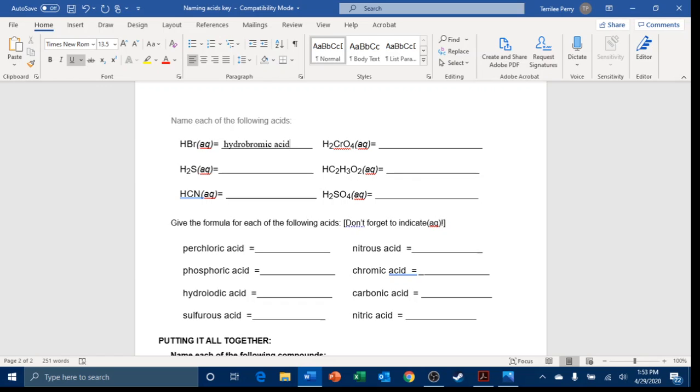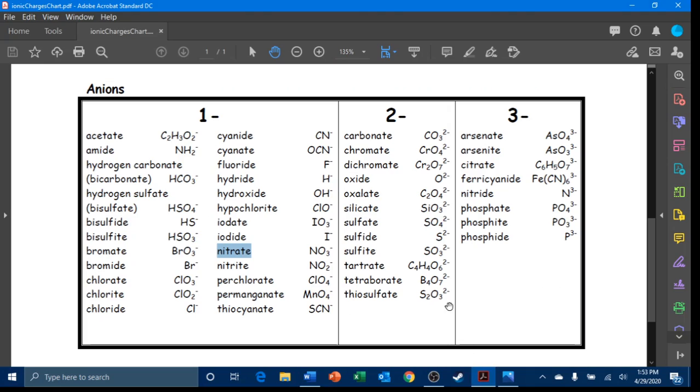Okay, now let's do this next one. This one's going to be kind of crazy because it looks big, but it's not as bad as it looks. Okay, so we have H2CrO4. So let's go over here and look at our chart and look at CrO4, that's chromate.